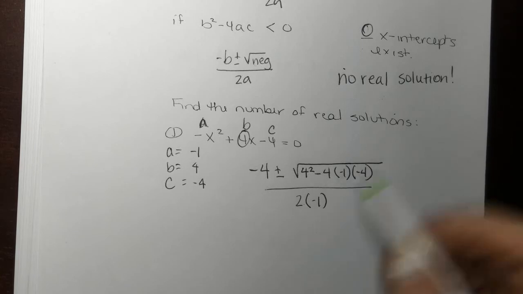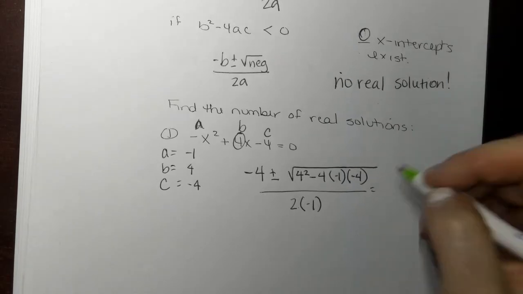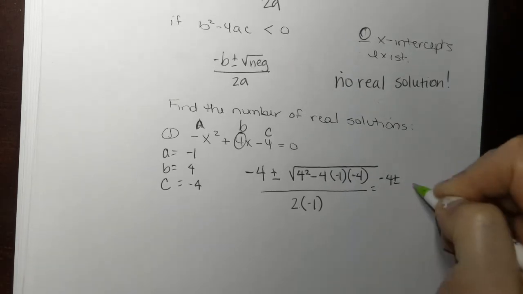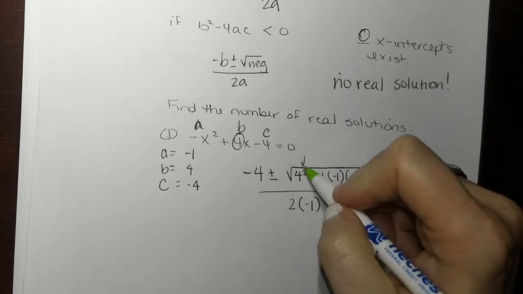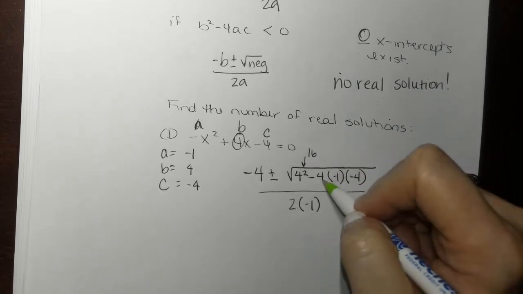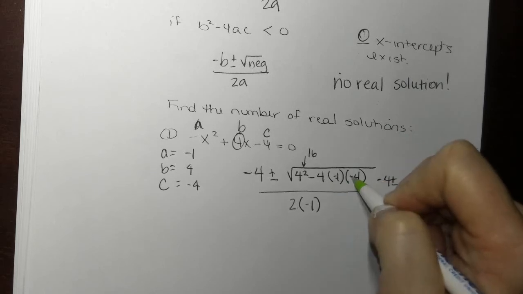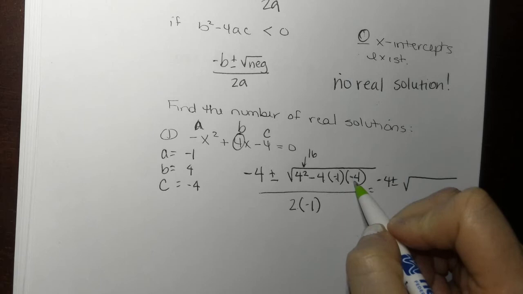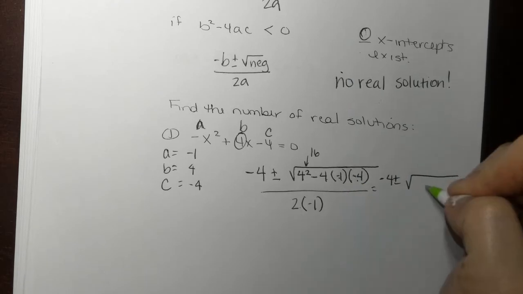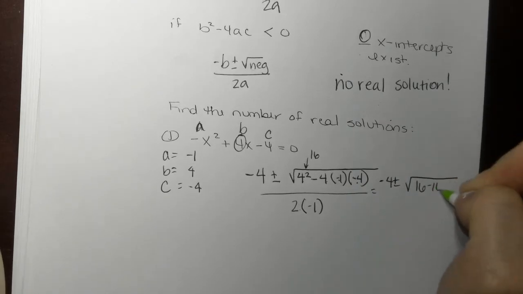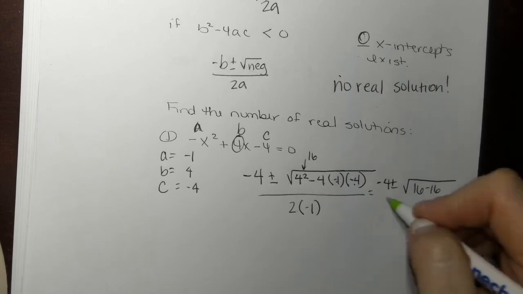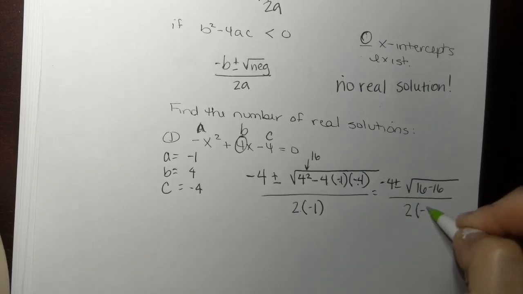Alright, so let's simplify this. Negative 4 plus or minus square root, well, this is going to be 16 minus 4 times negative 1 times negative 4. So negative 1 times negative 4 is a positive 4, times this is going to be 16 minus 16, 4 times 4, all over 2 times negative 1.